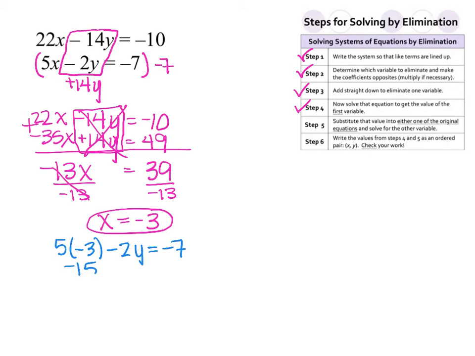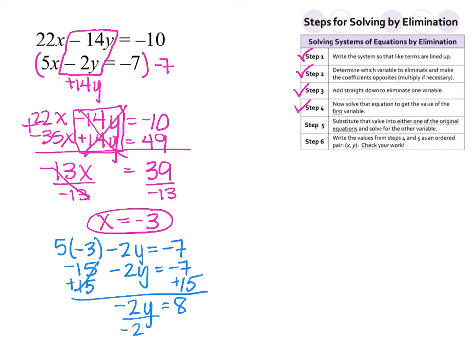That's negative 15 minus 2y equals negative 7. I can add 15 to both sides if my goal is to get y by itself. Then negative 2y equals 8. And finally, when I divide both sides by negative 2, I get that y is negative 4.